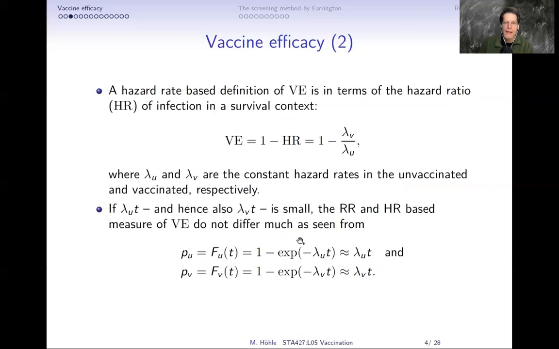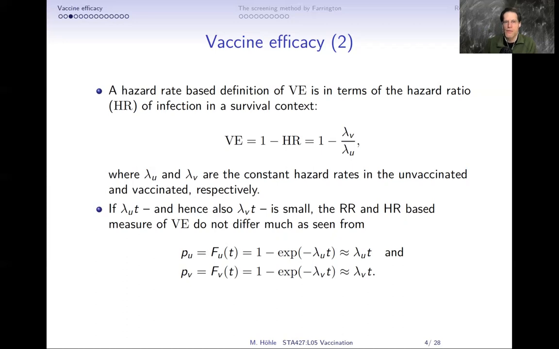Depending on the study, sometimes you don't have the risk of infection, the proportion of those who will be infected during a given time, available. Instead you have a different study design, for example a survival-type context where you have persons at risk for a given time.